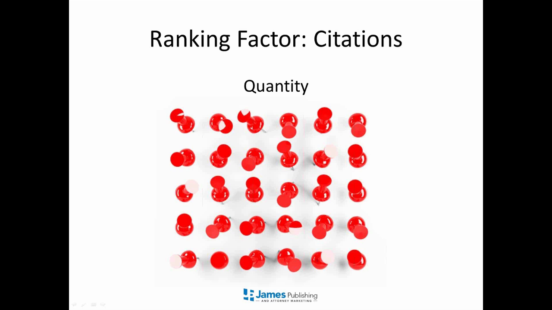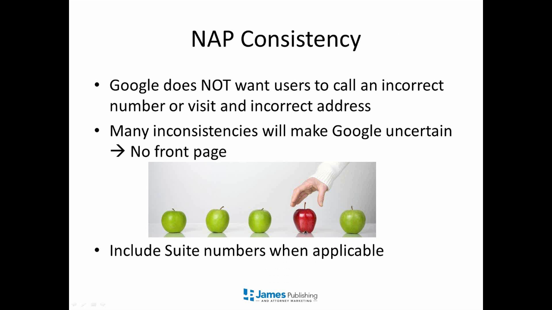If you work from a building that has several suites, but you don't put the suite number in your local profile or the other citations you create, and another business does the same exact thing, then you have two businesses trying to rank for the same address, and neither of you are going to rank at that point. So just a side note, include suite numbers when applicable.